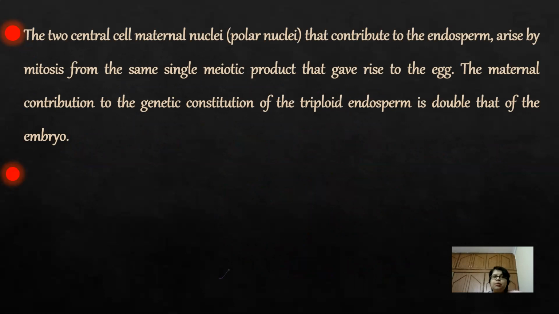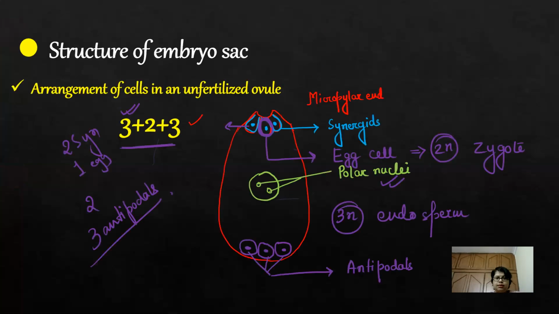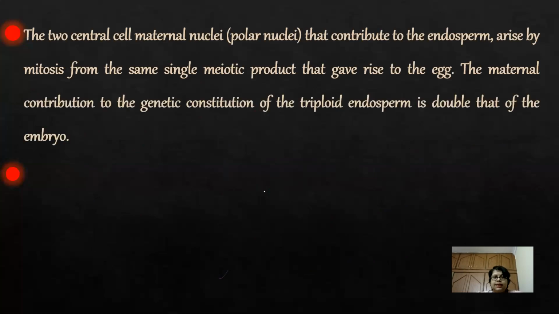Now, the 2 central maternal nuclei or the polar nuclei that contribute to the endosperm arise by mitosis from the single meiotic product that gave rise to the egg. The maternal contribution to the genetic constitution of the triploid endosperm is double that of the embryo.